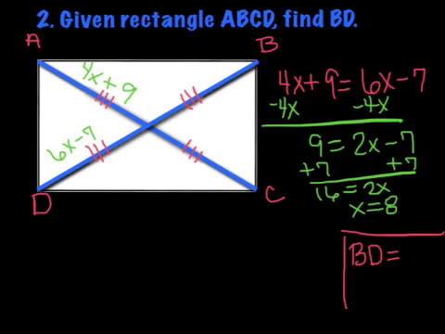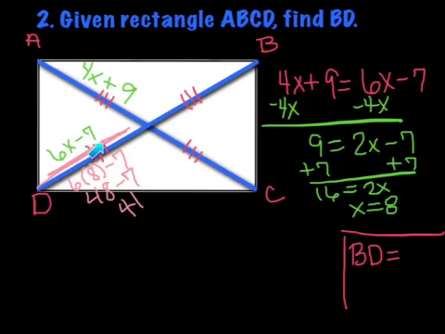Well, our answer is not 8. X is 8. So we have to plug x in, and we'll get this length right here. So let's plug it in. 6 times 8 minus 7. That's 48 minus 7, which is 41.